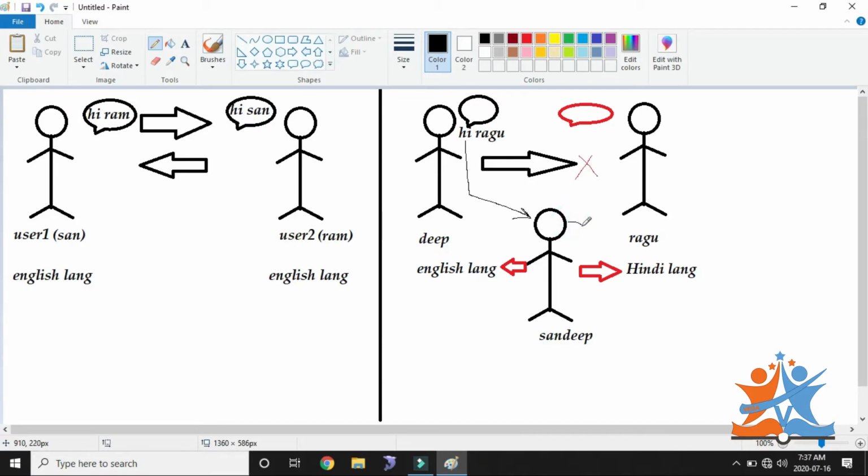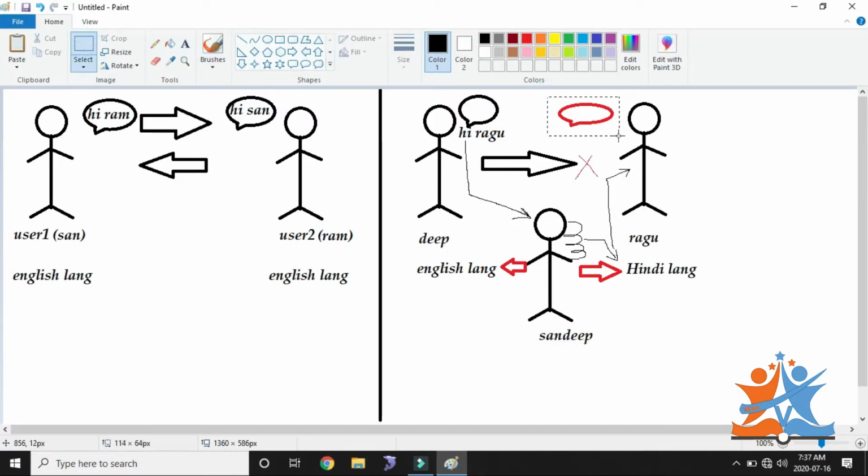Nothing but he needs to process the information and convert it to Hindi. This Hindi converted information is given to Raghu, and then Raghu will understand the information.